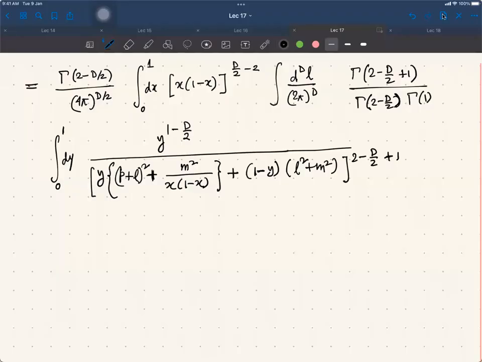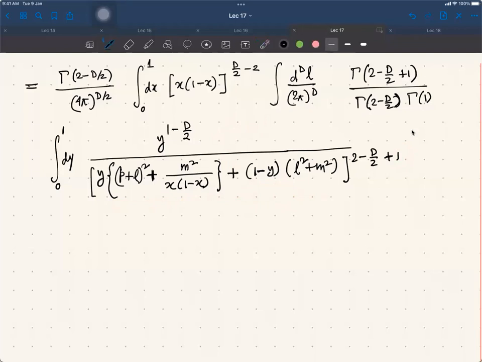Times alpha 2 to the power n2 minus 1, where alpha 2 is 1 minus y. But n2 is 1, so this is to the power 0, so I don't have a factor there. And then as earlier, we just expand this and write it as L square plus something.